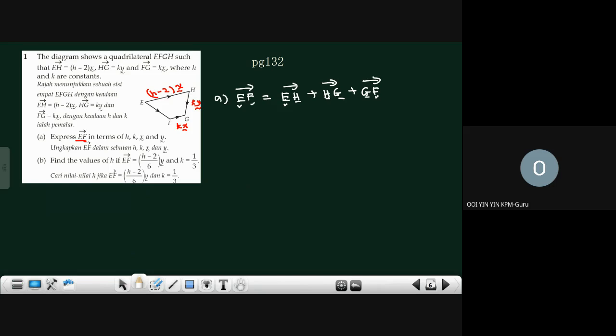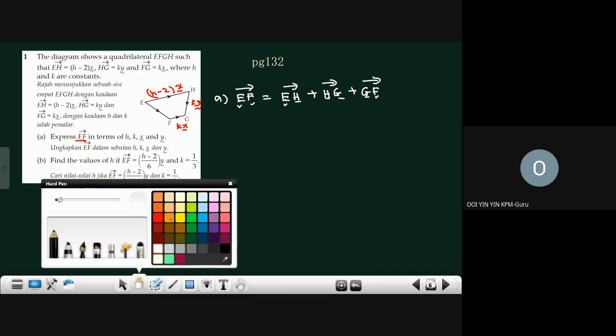Then, now we put in what we want here. Actually, all these follow the same direction. E to F is exactly the same direction, H to G also the same direction. It's just that the last one in the question, they give you FG.